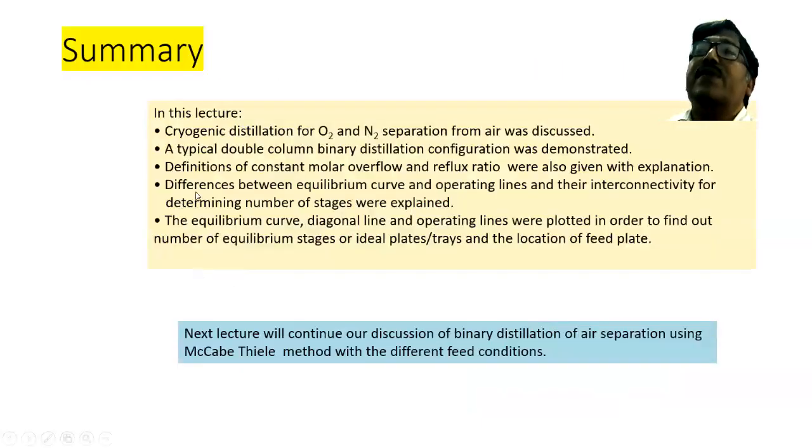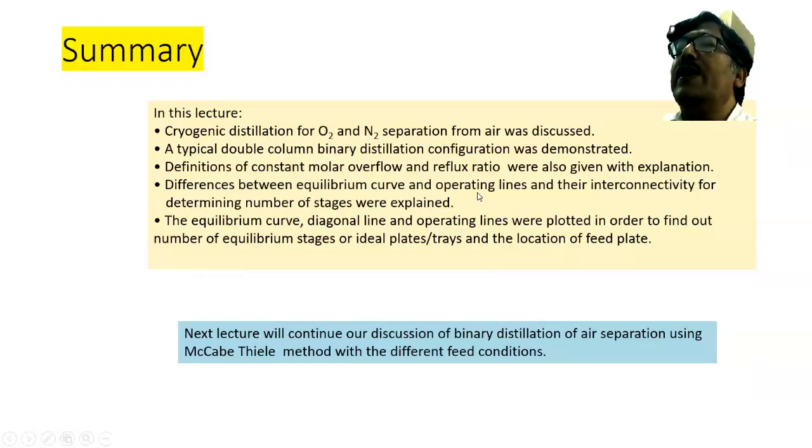So this is the summary. Cryogenic distillation of oxygen and nitrogen from air was discussed. A typical double column binary distillation configuration was demonstrated. Definitions of constant molar overflow and reflux ratio were also given with explanation.